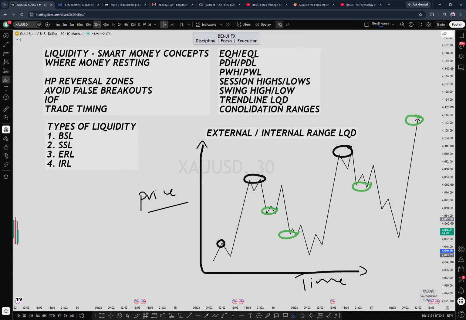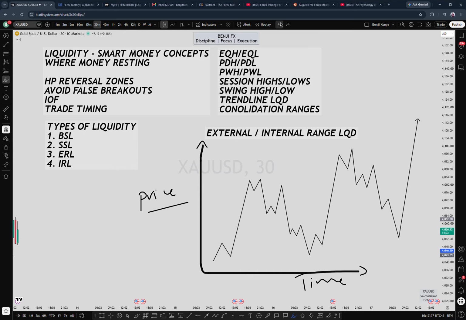Let me make sure that I don't have any drawings so that I can explain it to you better. This is just an example of a chart that I have. Before I continue, let me talk about internal. Internal liquidity is liquidity that is found inside the current trading range. Examples are equal highs, equal lows, minor swing highs, minor swing lows, and even internal trend line liquidity.